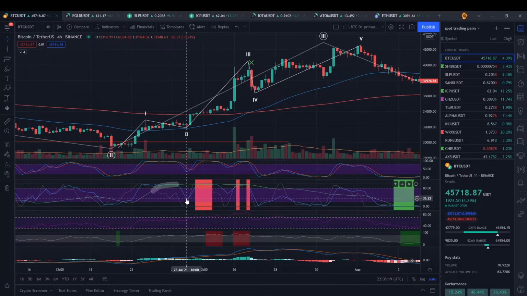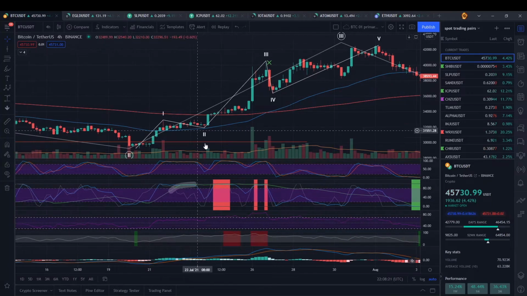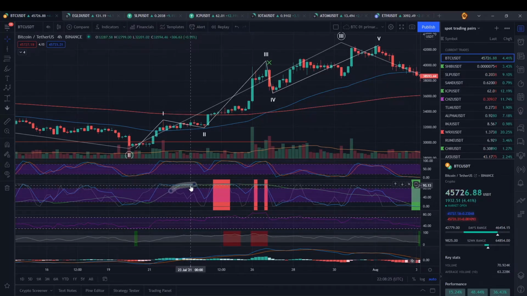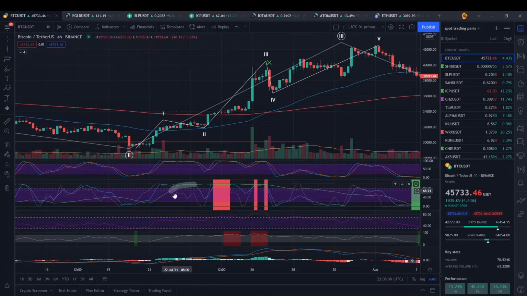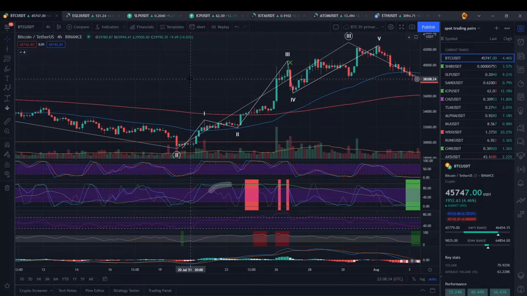This one would require that you zoom in. When you see this being overbought, and then you see the lower time frames, the gray one and the blue one, going down, this is usually the correction, and this is where you start looking on lower time frames for an entry.